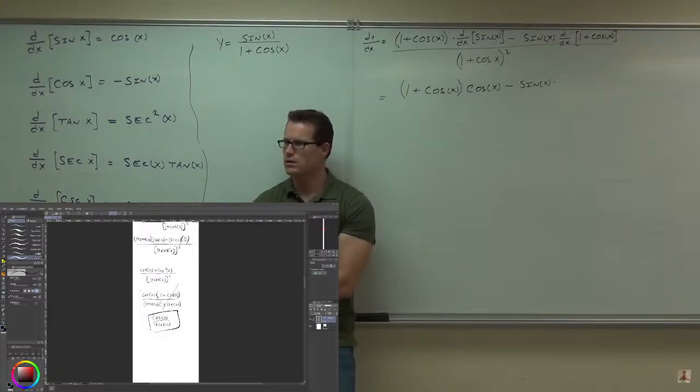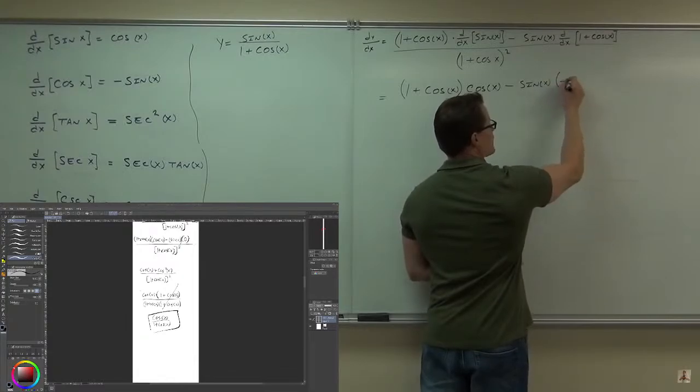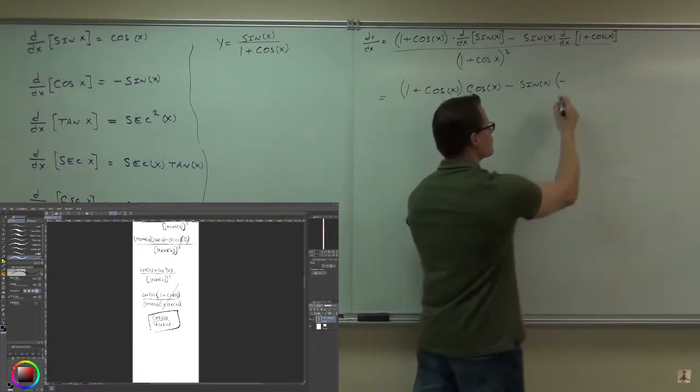What happens to the 1? The derivative of 1 would give you 0. Then you do the derivative of cosine. That's going to give you a negative sign, so we're going to be multiplying here by a negative. Make sure it's in parentheses because you're multiplying by a negative there. You're not subtracting, multiplying by a negative.